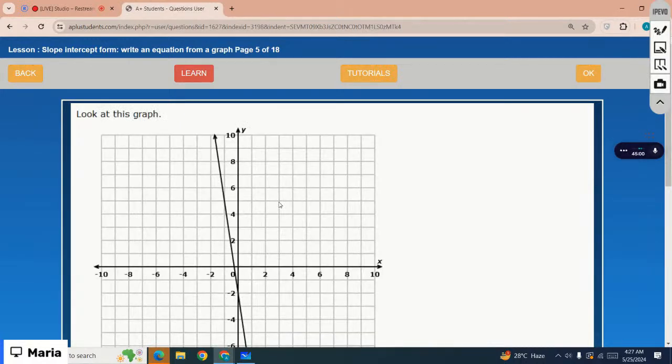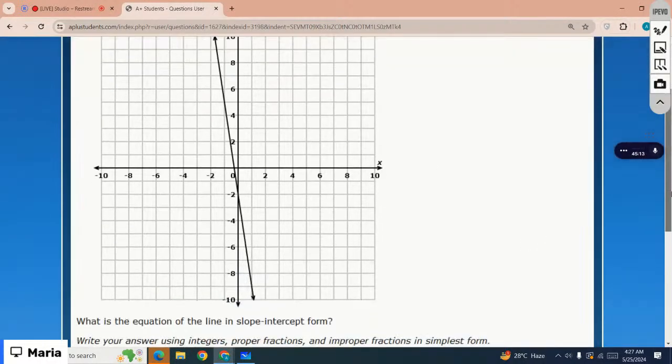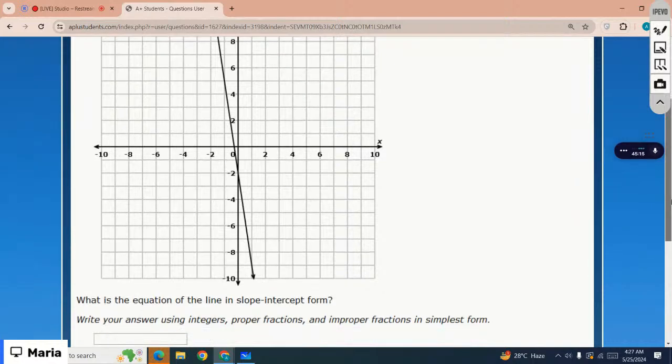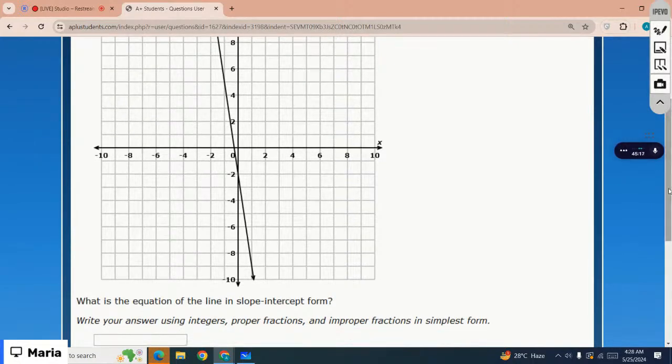Okay, look at this graph. What is the equation in slope intercept form? So which is the correct option?